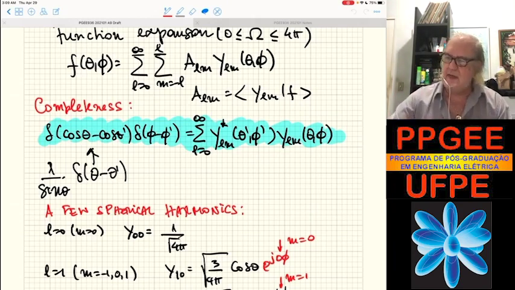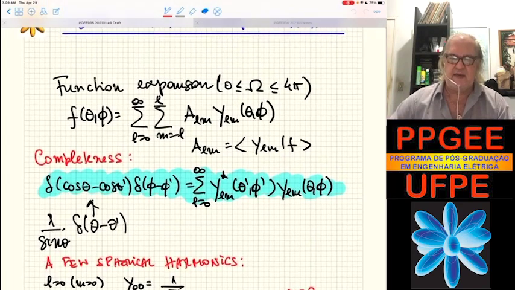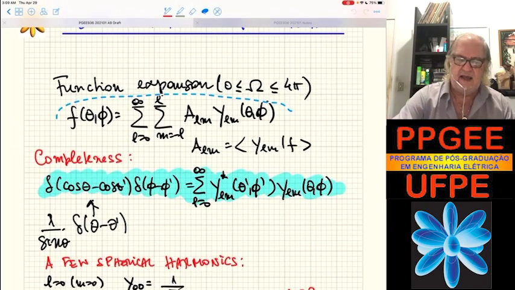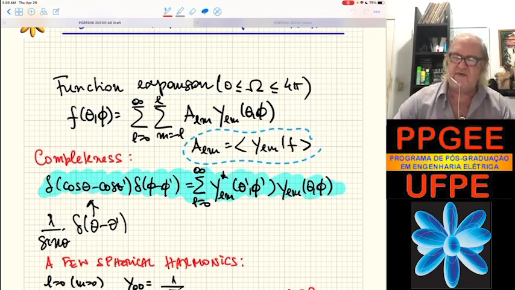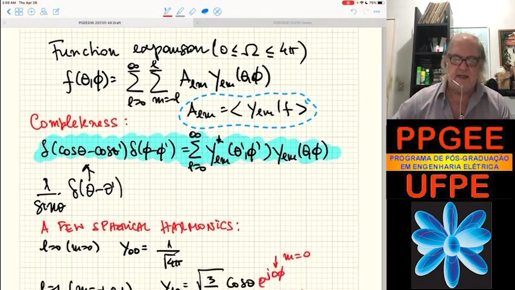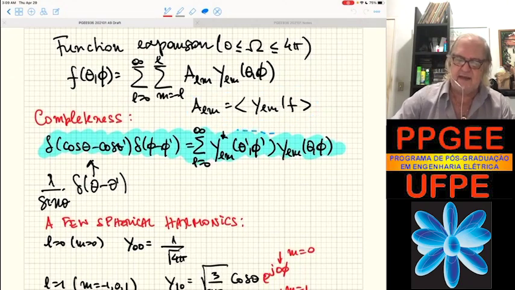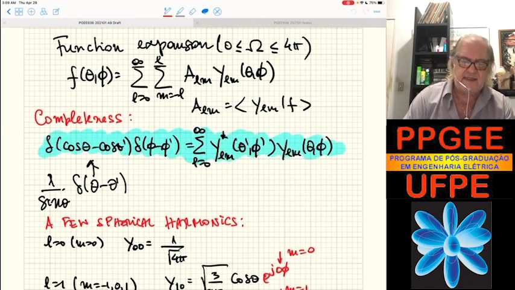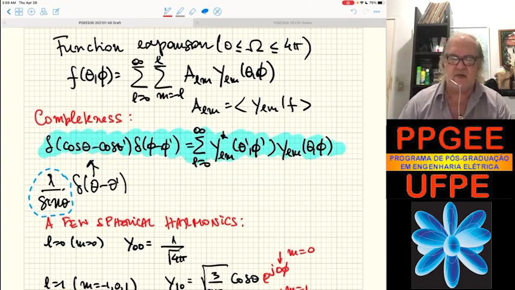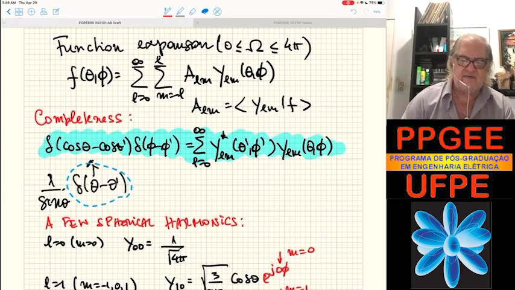But you can expand a function of angular variables in terms of spherical harmonics, and it's easy to calculate the coefficient as a scalar product. And have the completeness, right? Recall that this is 1 over the derivative, which is one of the assignments in the homework, times delta of the difference of the angle.